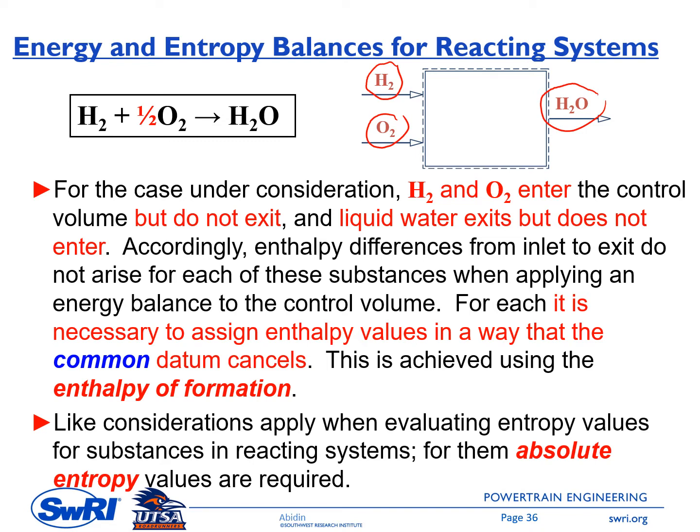Similar considerations apply when evaluating entropy values later on for substances in a reacting system. For them, absolute entropy values are also required, and the idea is still the same here. We need to have a new datum that cancels during the operation.